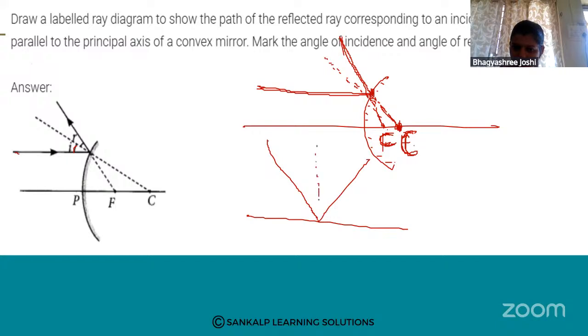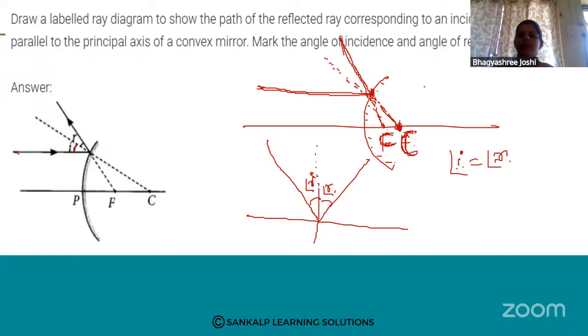When you draw a normal, clearly you can see incident angle, angle of incidence, that is I, and angle of reflection, angle R. And angle of incidence is equal to angle of reflection, that is I is equal to R. These two are equal, that is the law of reflection. Okay, so these two angles are equal. Angle of incidence is equal to angle of reflection, and incident ray, reflected ray, and the normal appear on the same plane, right?